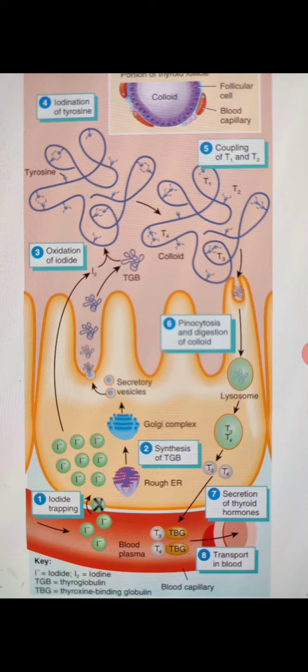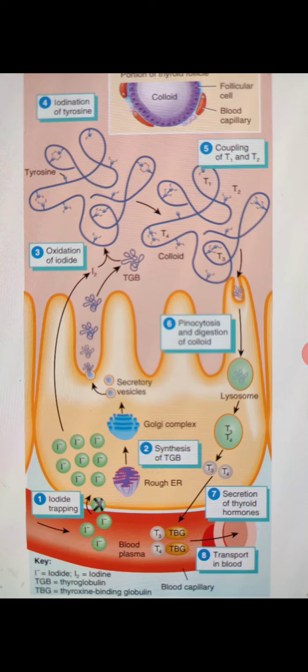First point is the iodide trapping. Thyroid follicular cells trap iodide ions by actively transporting them from the blood into the cytosol. As a result, the thyroid gland normally contains most of the iodide in the body.